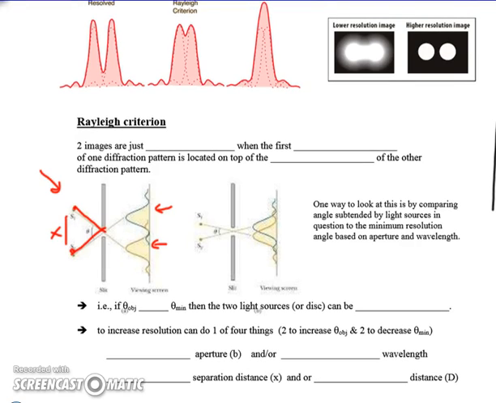However, in the second situation, where these are much closer together, called x prime, their respective interference patterns are close to completely overlapping. And if they're close to completely overlapping, then one retinal cell can't tell the difference from its neighbor, and so you would see it as one light source.